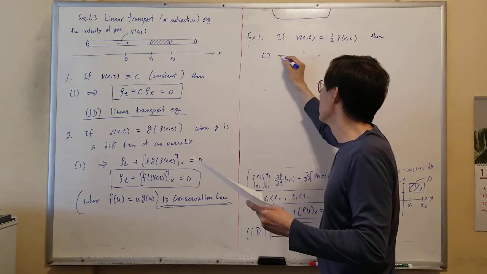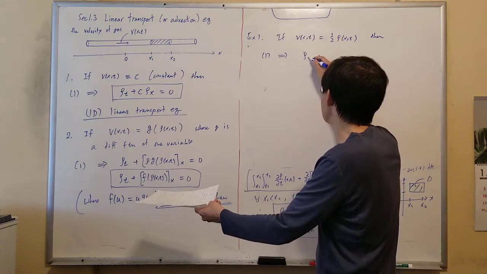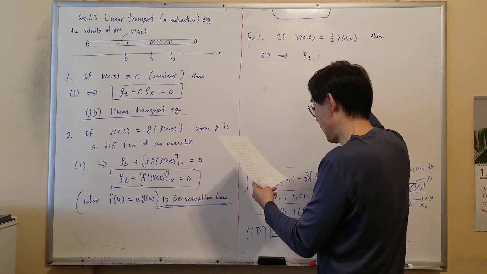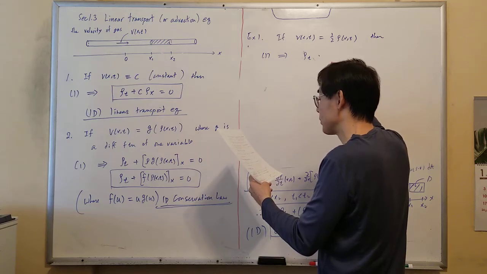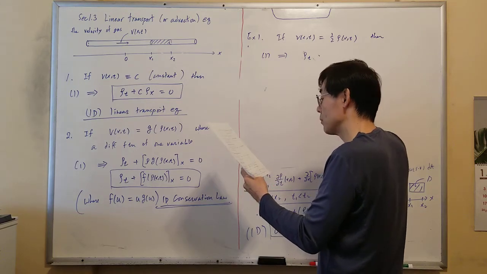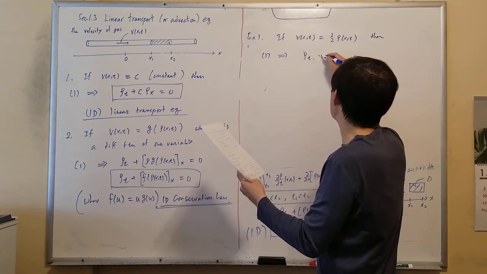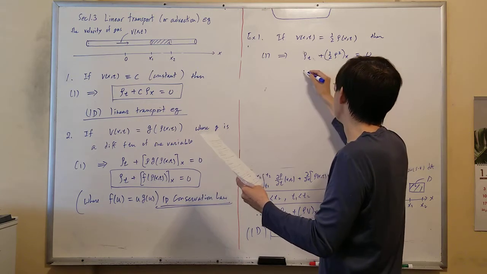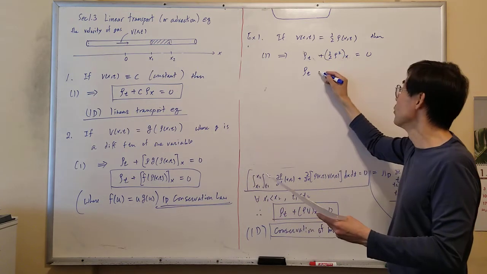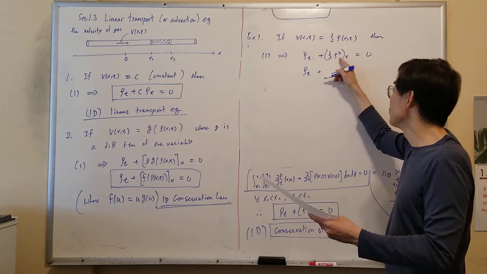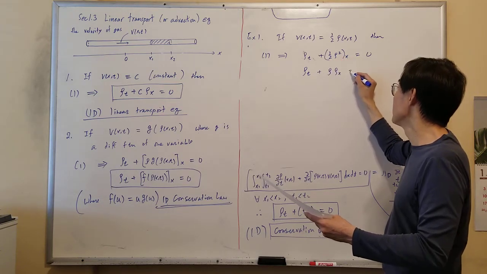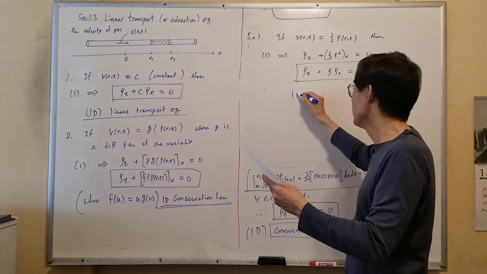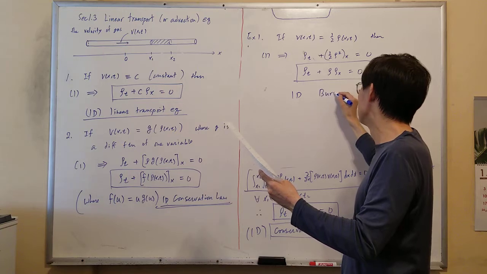Then number 1 becomes rho sub t plus one half of rho square, sub x, equals 0. What is it? Chain rule, the 2 cancels: rho sub t plus rho times rho sub x equals 0. So you get the 1D Burgers' equation.